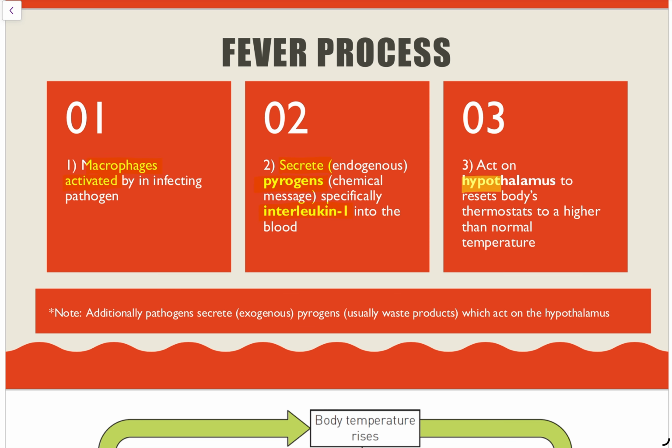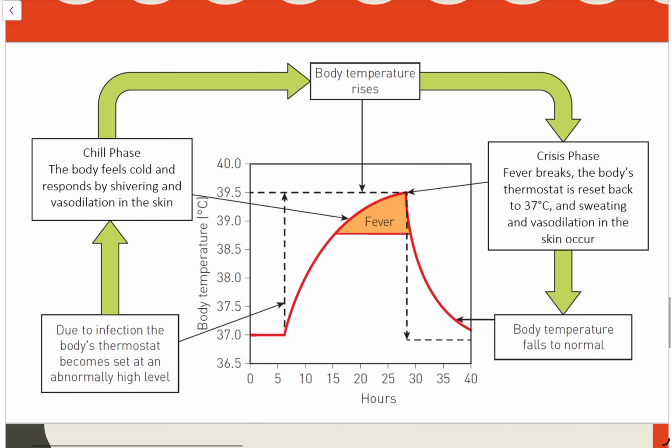They're going to send a message to the hypothalamus specifically, and it's going to reset the body's thermostat to a slightly higher than normal temperature. So what do I mean by this? Well, if our regular body temperature is 37 degrees, as I've just highlighted in yellow, what happens during a fever is the hypothalamus is reset to a higher point. So in this case, 39.5 degrees.